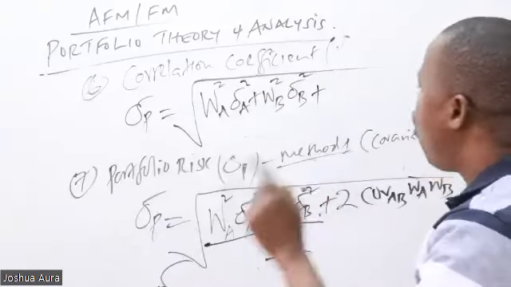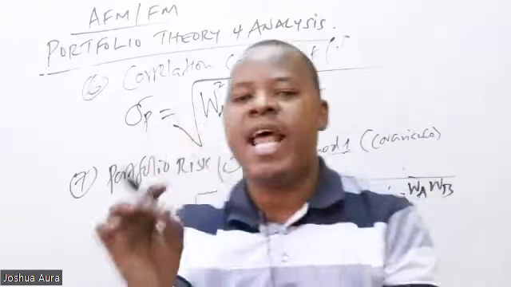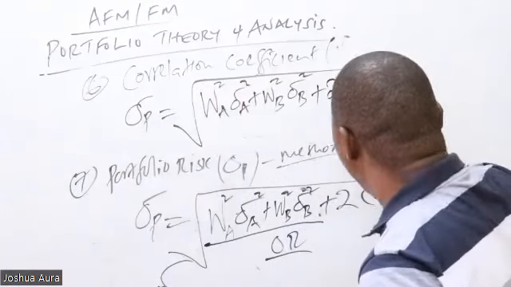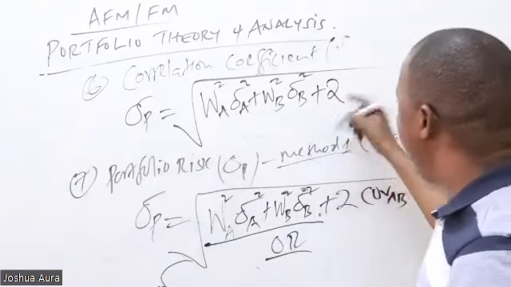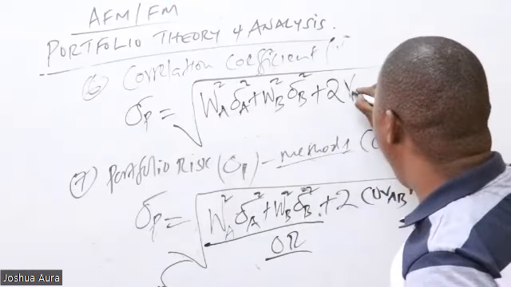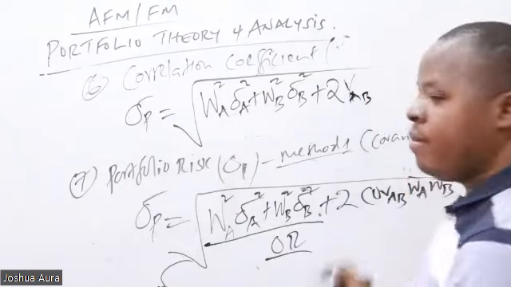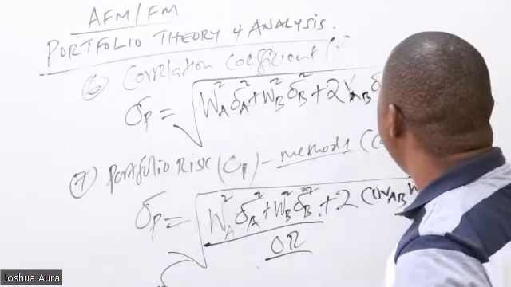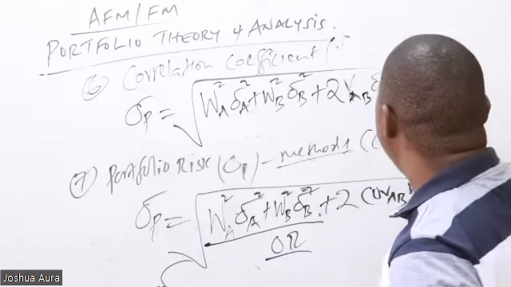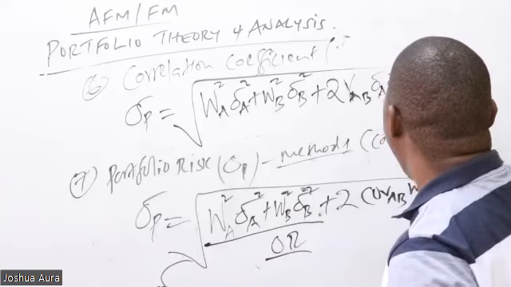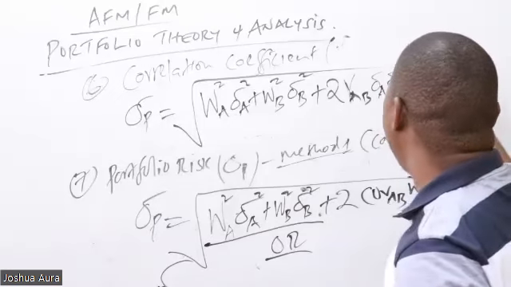Now we are using the correlation coefficient, abbreviated as R. Here you start with 2. The 2 will remain. 2, then correlation coefficient R of A and B. Now here you will apply standard deviation of A, multiplied by standard deviation of B. Then you multiply by weight of A and weight of B.